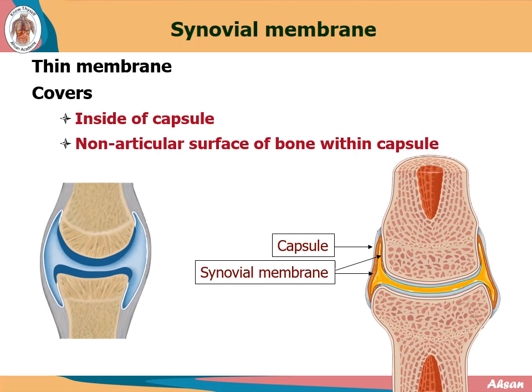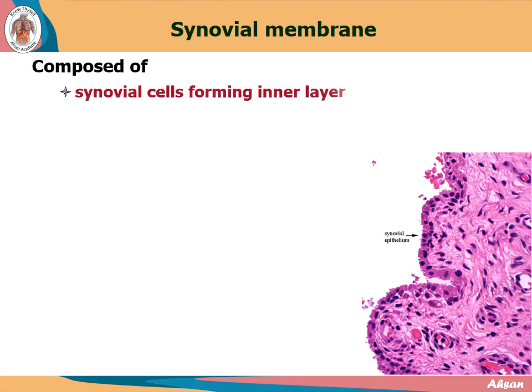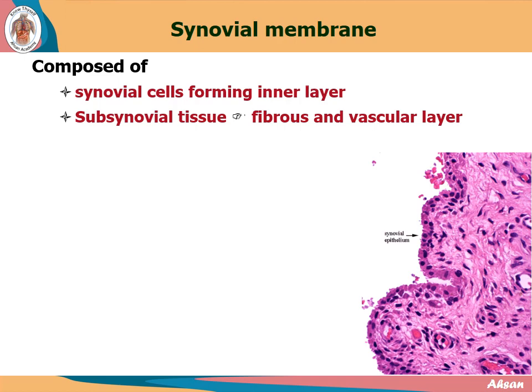Within this synovial membrane covered cavity a fluid remains, known as synovial fluid. This synovial membrane is an epithelial lined membrane composed of special synovial cells that form a layer, and another layer of connective tissue contains fibers like collagen fibers and is very vascular, giving nutrition and helping the cells to produce synovial fluid.